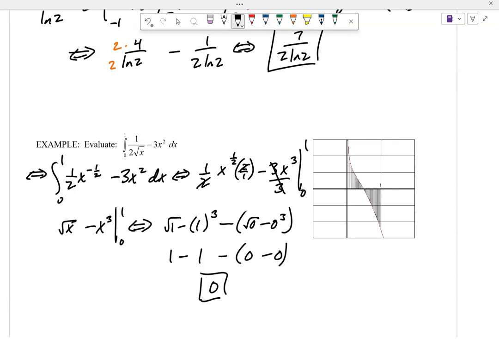Now I want you to look at the graph here. When you're going from x being 0 to here's your x being 1, right? And so it's taking into account this part, which is a positive amount. It's above the x-axis, that area.